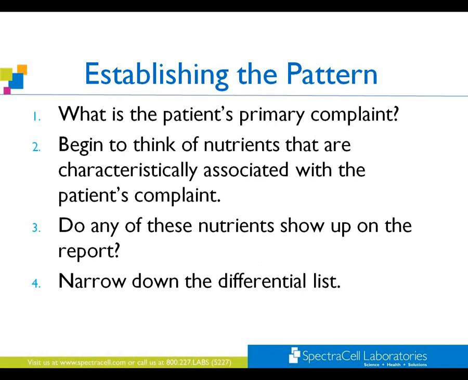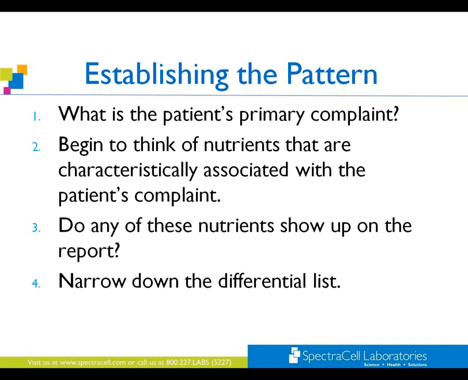So in trying to establish the pattern, the first thing we want to ask is, what is the patient's primary complaint? Because we always want to put the test results in the context of what the patient is complaining about, what their symptoms are. That helps narrow our list. Then we want to think of nutrients that are characteristically associated with the patient's complaint.